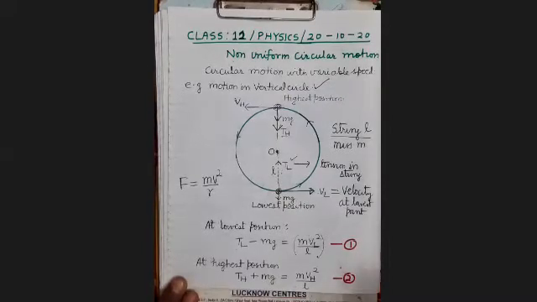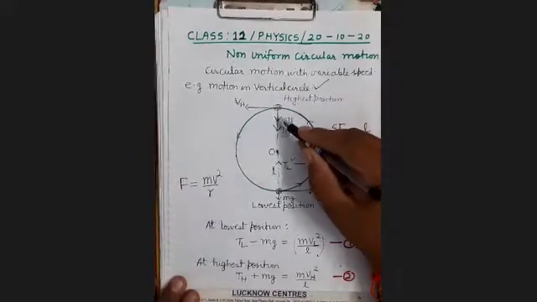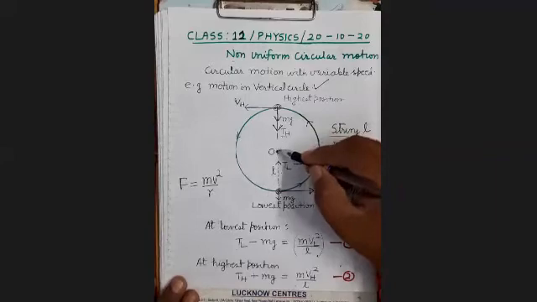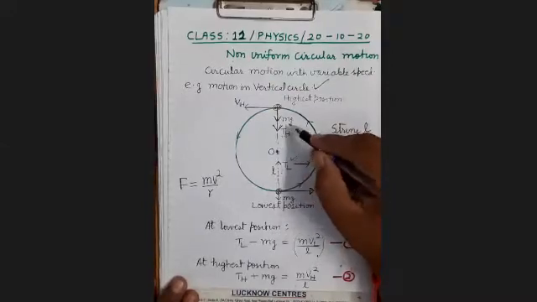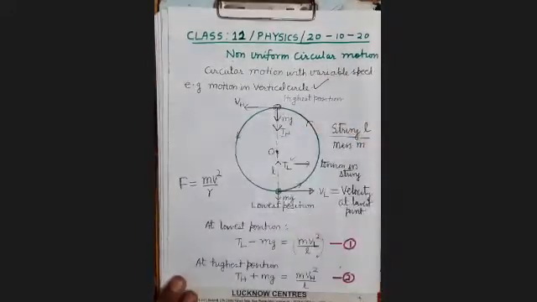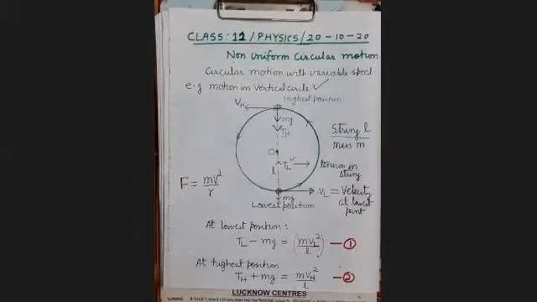Now see here, what will it be at the highest point? When the body is at the highest point, its weight mg as well as tension TH are both acting in the downward direction. So the resultant will be TH plus mg, and it will provide the necessary centripetal force required here. What will be the centripetal force?